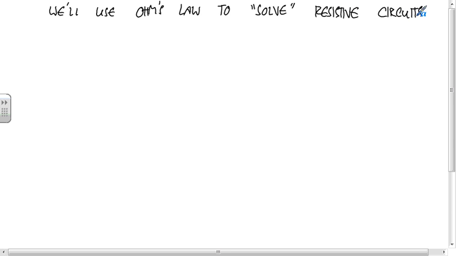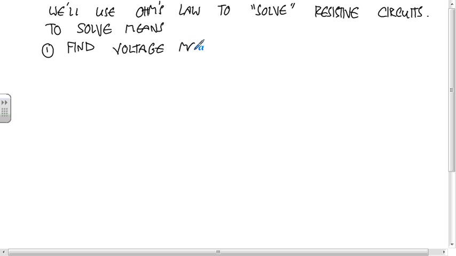And solving a resistive circuit means, first, find the voltage magnitude and drop direction at every element.